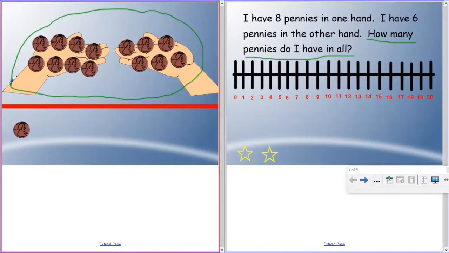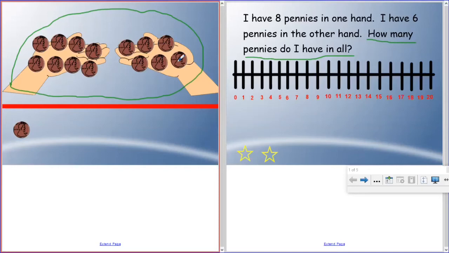Now let's find the total by counting them all. Let's touch and count. 1, 2, 3, 4, 5, 6, 7, 8, 9, 10, 11, 12, 13, 14. How many pennies do I have in all? 14.